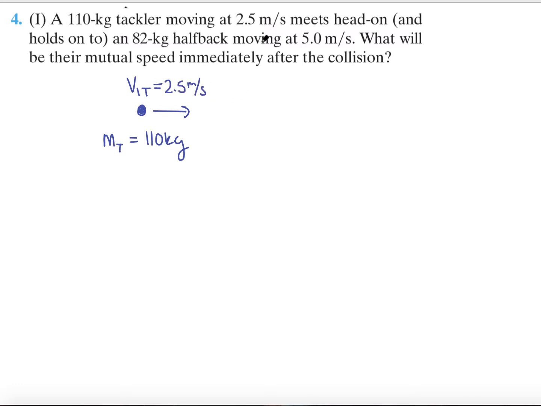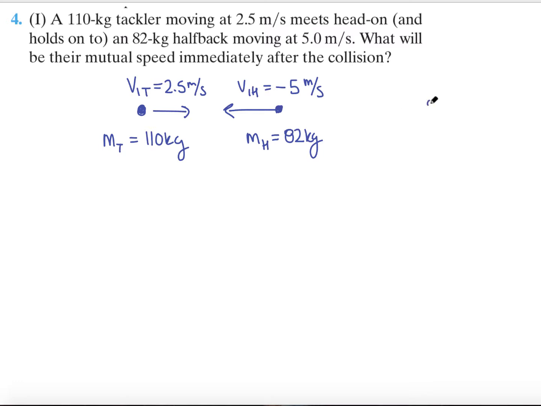And he runs head on, so we have to be careful about this, with a halfback moving at 5 meters per second. So if they collide head on, that means they are moving toward each other. So V1 for the halfback is negative because they are moving toward each other. They are moving in opposite directions, so one of them must be negative. Then the mass of the halfback is 82 kilograms.